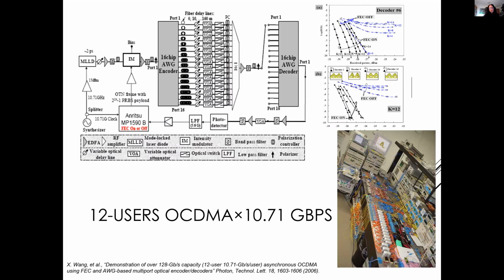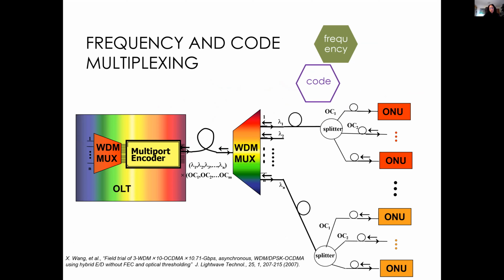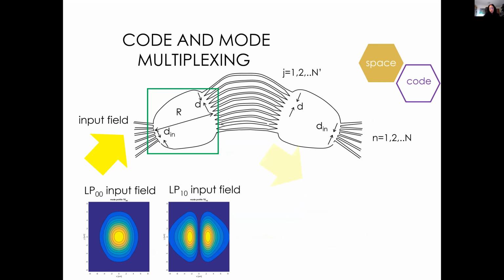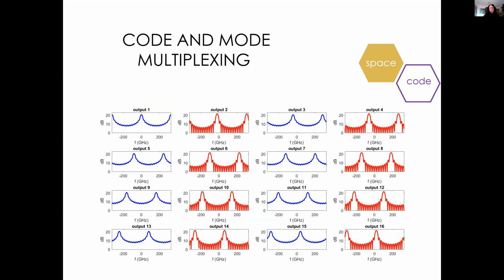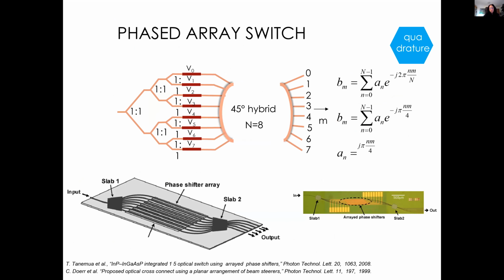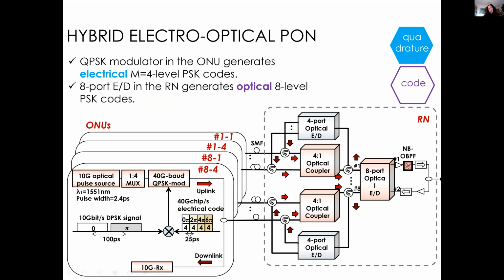For instance, here, let me see. Sorry that I go quickly. Okay, this is a hybrid system. You have the optical codes, the one that I showed before with the same multiple encoder decoder, and you generate a QPSK signal.